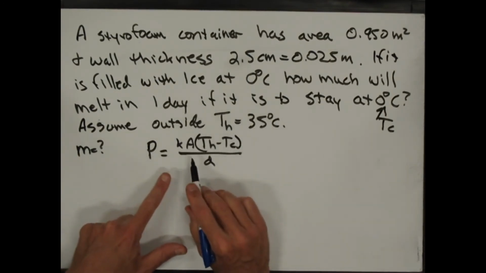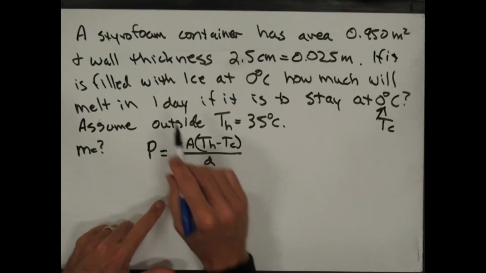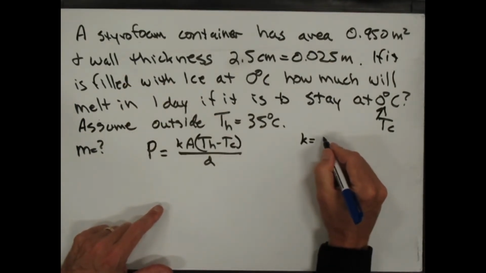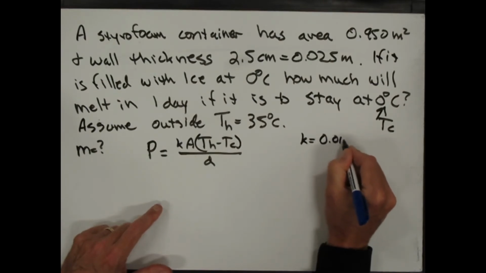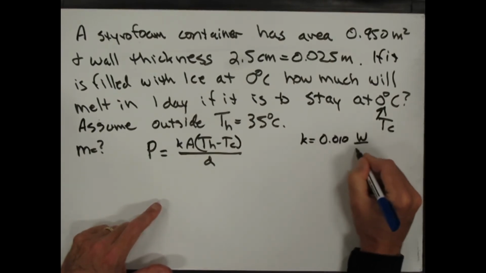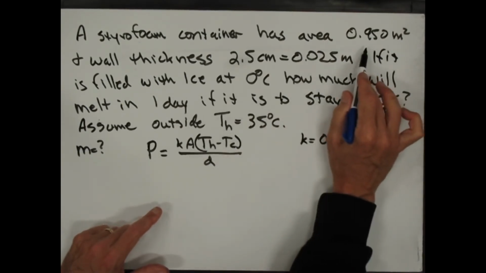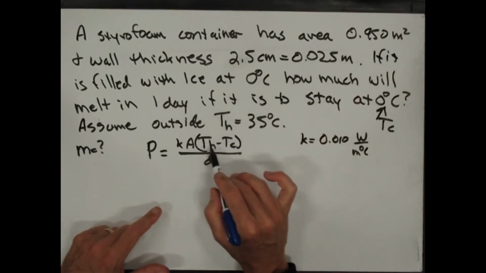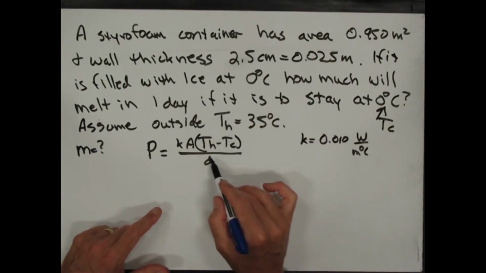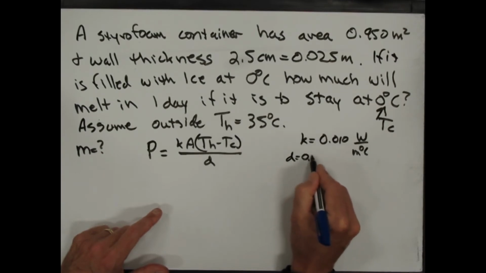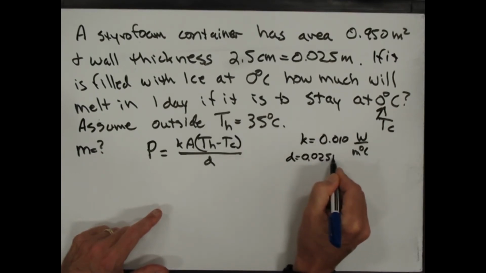And it turns out we can calculate this because we know that it's styrofoam, and we just saw that the styrofoam has a thermal conductivity of 0.010 watts per meter degree C. We know what the area is. They told us it's 0.95 square meters. We know what T hot is. We know what T cold is. And this distance is this guy. D is equal to 0.025 meters.